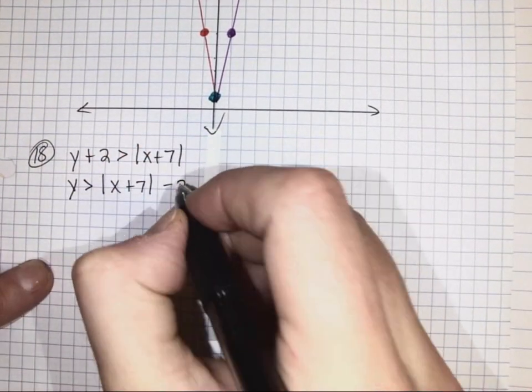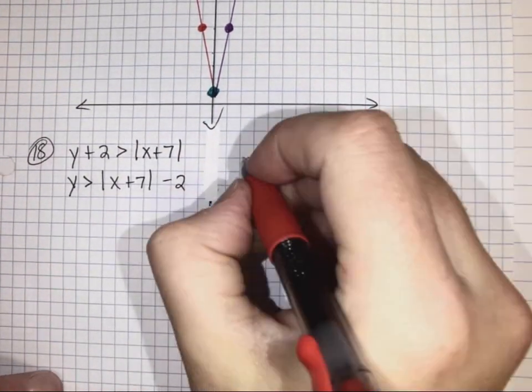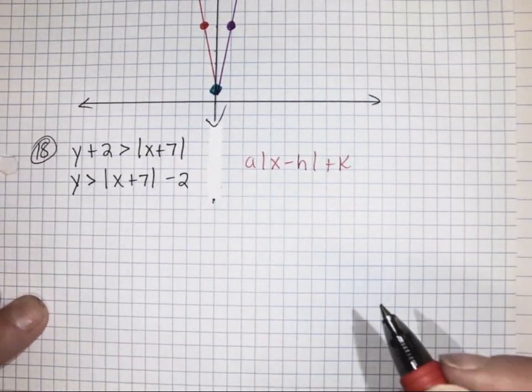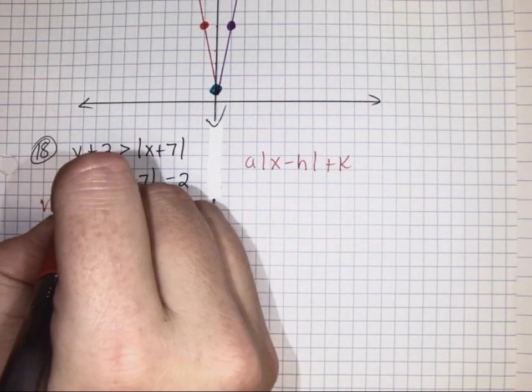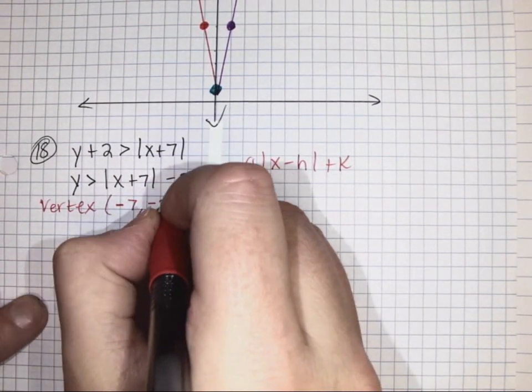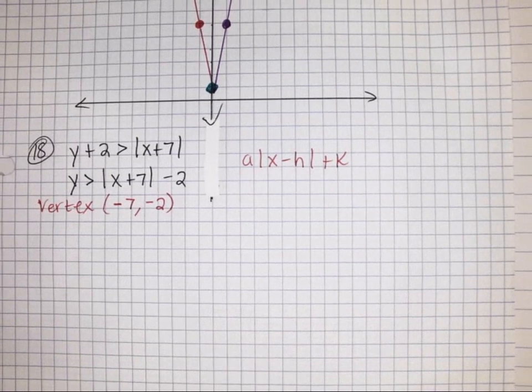And then notice that you'll have it in vertex form. So vertex form, once again, just to recall. So the vertex is (-7, -2). And this is an inequality. So we're going to get a dotted line, and we get a test for shading, all of that after we graph it.